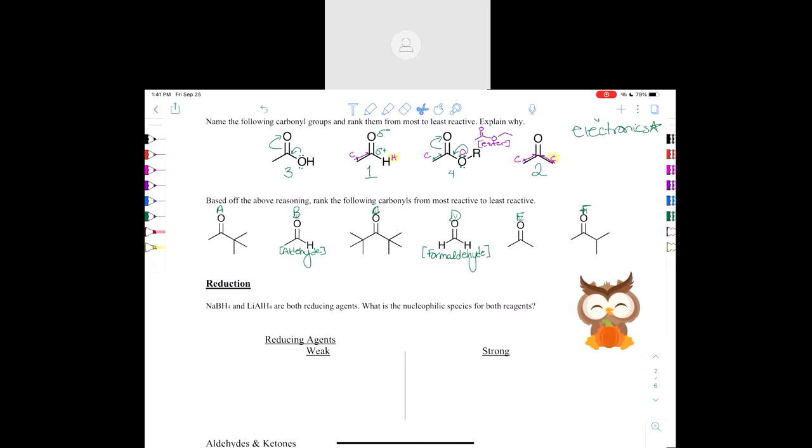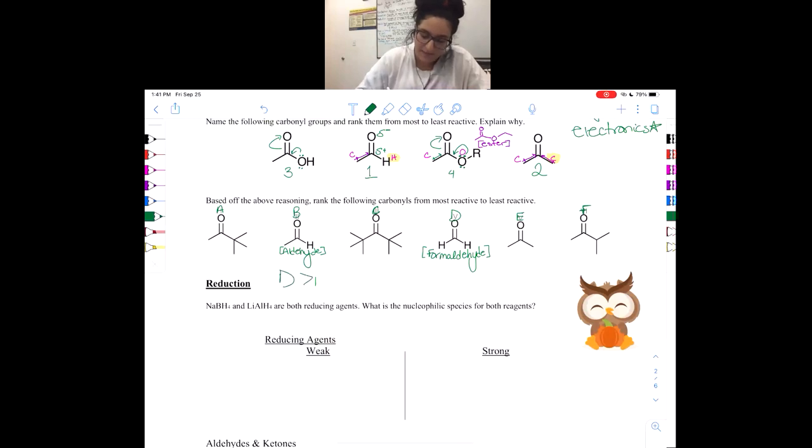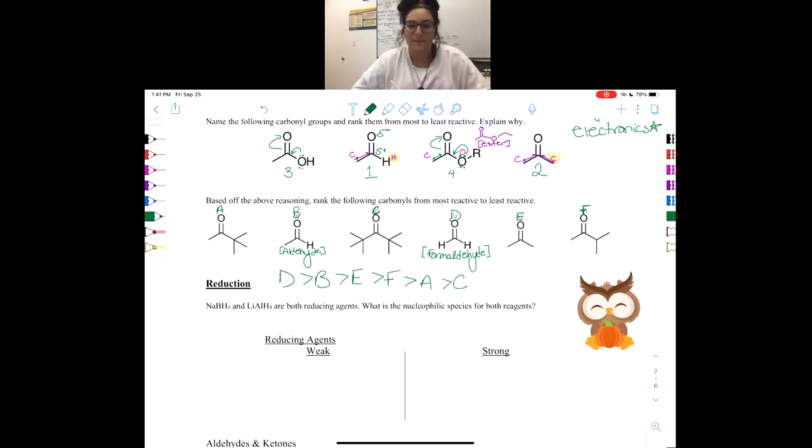So after the ketone, there's F, so it's E, F, A, B, or AC. Yes, awesome. So once you get the aldehyde and ketone, it's just a matter of order of steric hindrance. So formaldehyde was first, and then we had our other aldehyde. Then we have E, F, A, and then C.